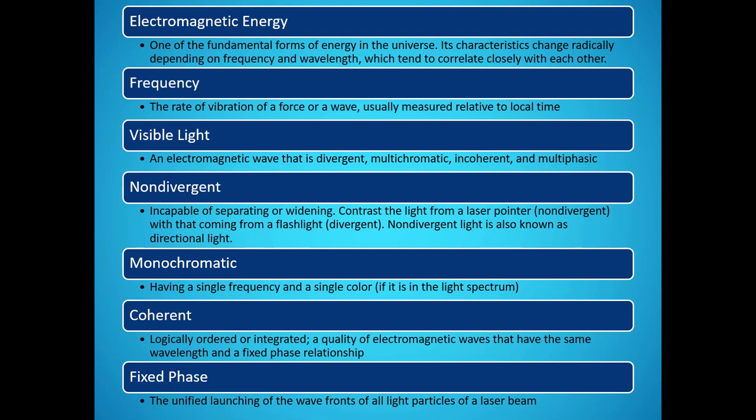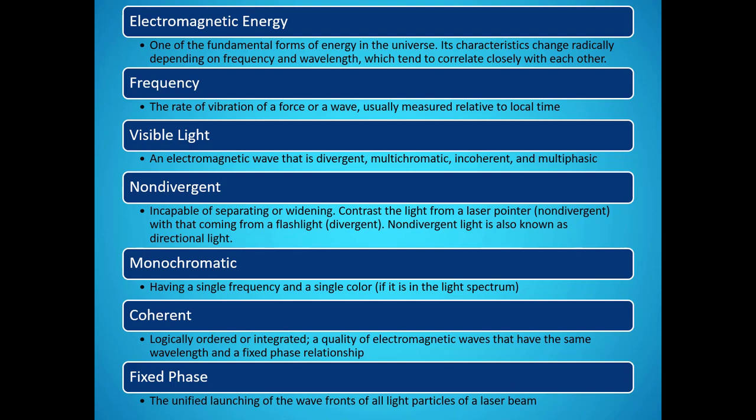Some other terms that might help you understand laser. Electromagnetic energy. One of the fundamental forms of energy in the universe is electromagnetic energy. Its characteristics change radically depending upon the frequency and wavelength, which tend to correlate closely with each other.